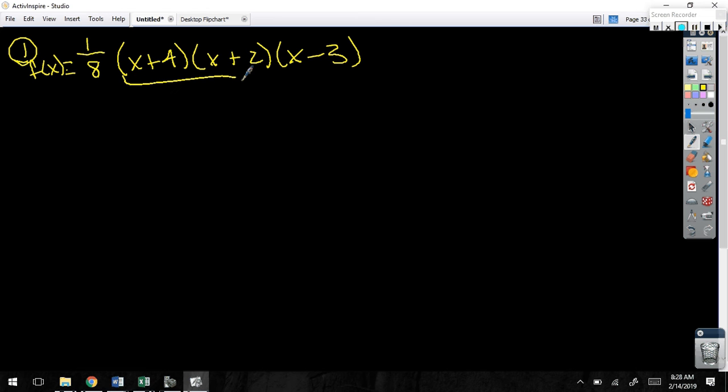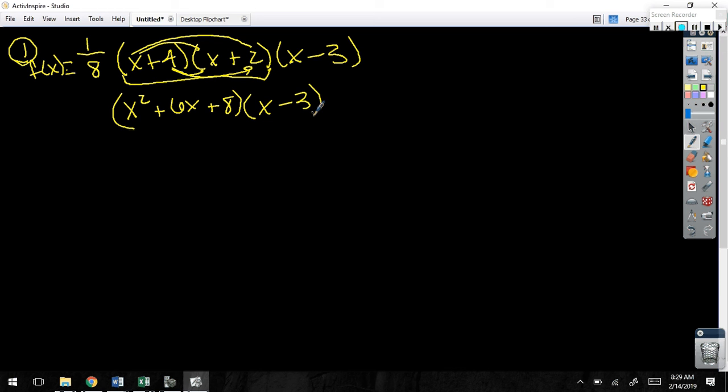So the first two, since that's a fraction in the front, I'm going to leave that for the last. So I have x squared, 2x and 4x gives me 6x plus 8. And then times (x minus 3). I'm not going to skip any steps when I do this one. x cubed minus 3x squared plus 6x squared minus 18x plus 8x minus 24.